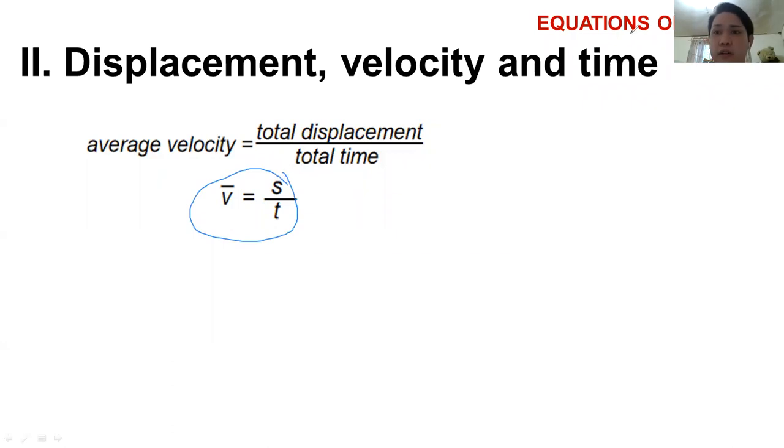As a recall, we are going to derive equation 2. We will first solve for S. To solve for S, of course, we have to cross multiply. That gives us S is equal to V times T. Next, we're going to solve what an average velocity is.